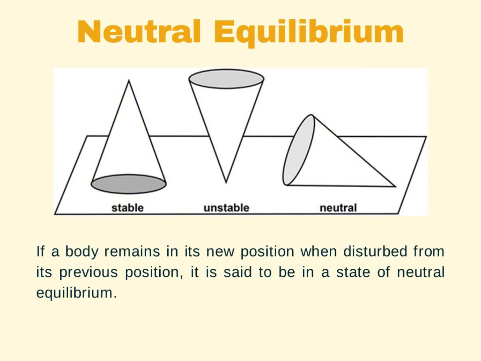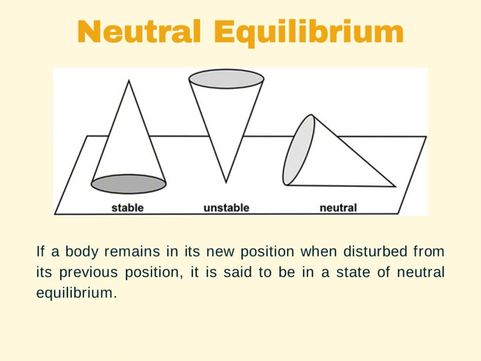So as you can see in the figure, it shows the different types of equilibrium. The first figure on the left side shows a stable equilibrium, wherein it is a cone standing on its base and it returns to its original position after a slight disturbance. And the second one is a cone on its tip.